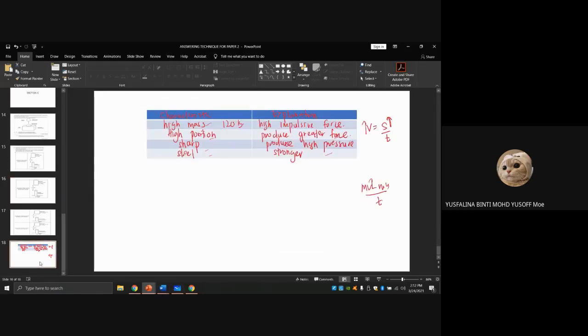So at the bottom here you have to put I choose Q, because you have to copy back all the characteristics here: it has high mass, high position of file, and the base is sharp, and it is made up from steel.